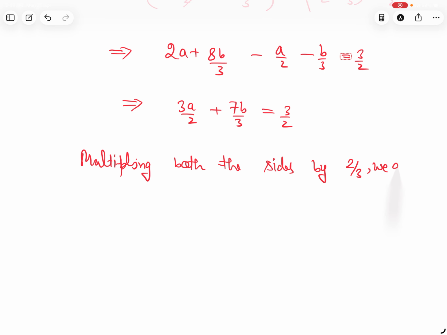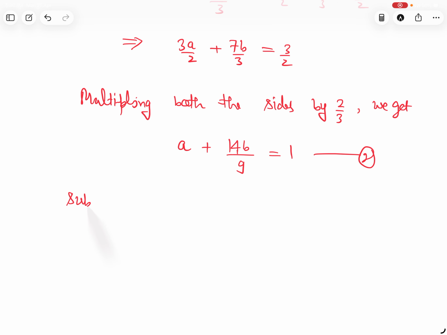We get a plus 14b by 9 is equal to 1. Let's call it 2.